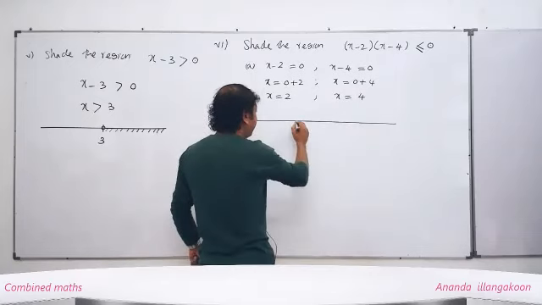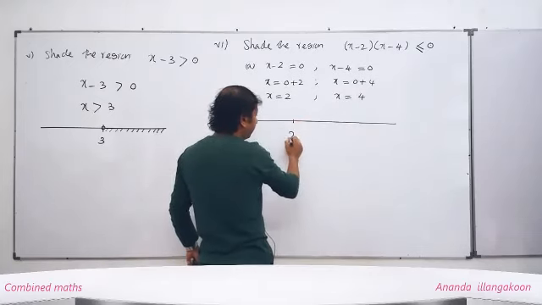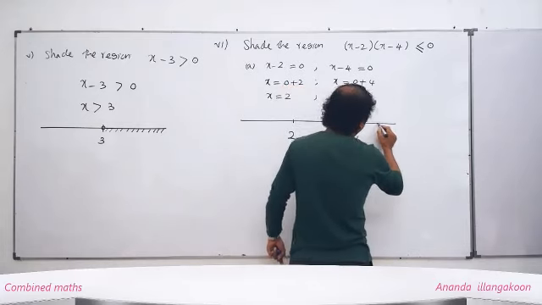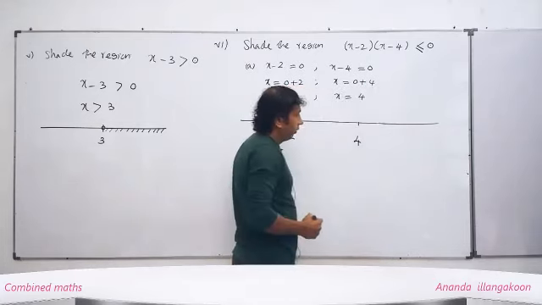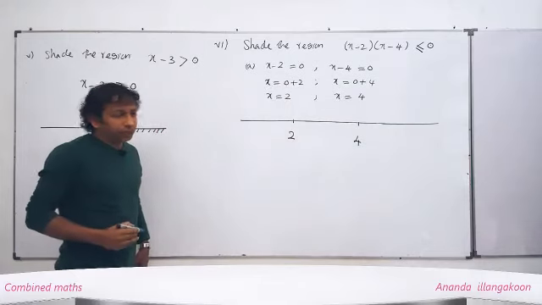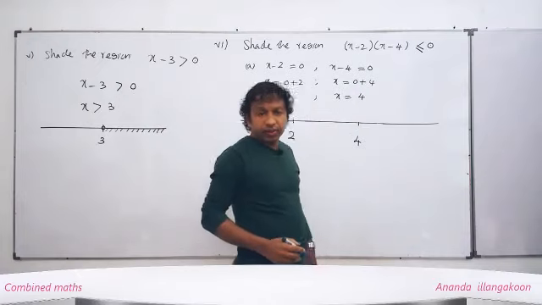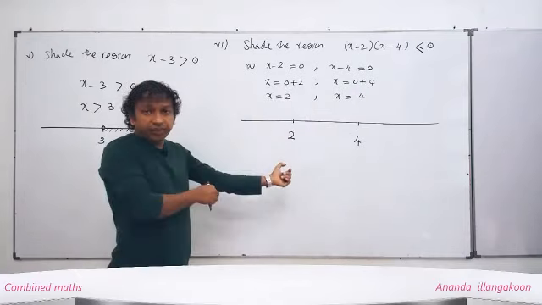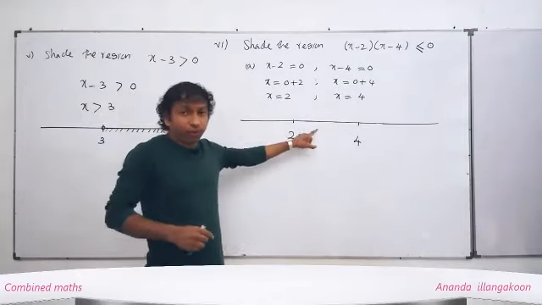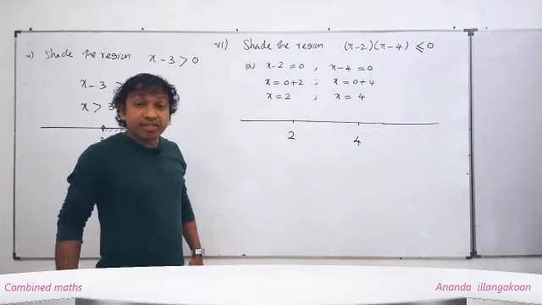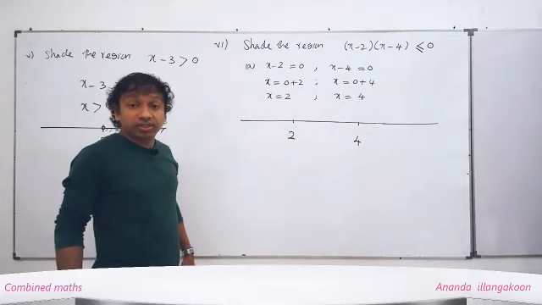Suppose x equals 2 is somewhere here, and x equals 4 somewhere here. Now, if this is our number line, after marking 2 and 4 on it, the entire number line is divided into 3 parts.